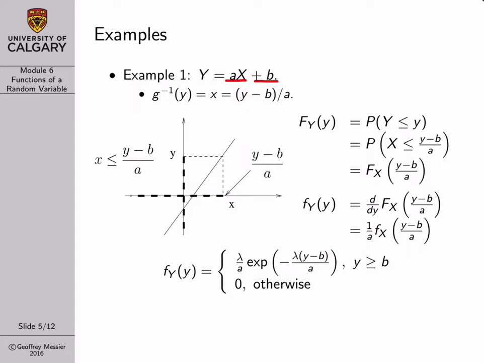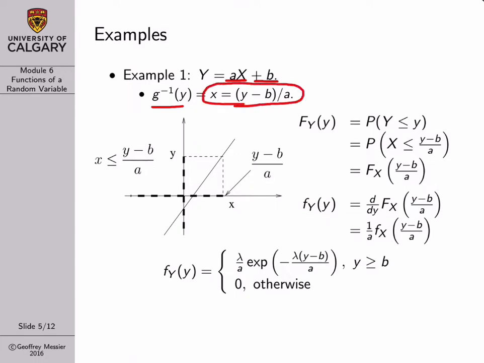So you'll have noted in the slide when we talked about this general CDF technique that we work with the inverse function a lot. All the inverse function is just solving for the little variable x. So x is equal to y minus b over a.